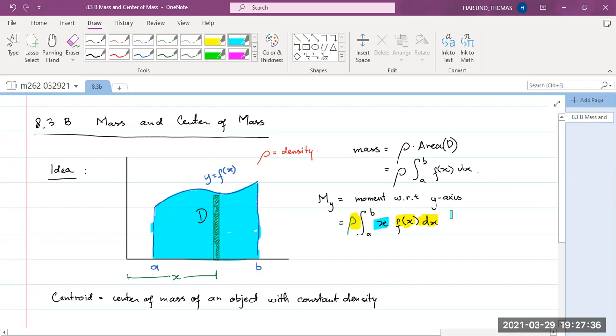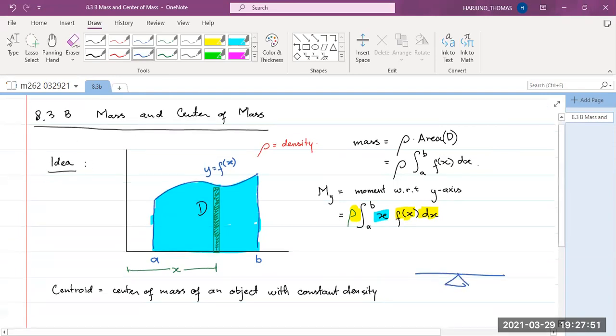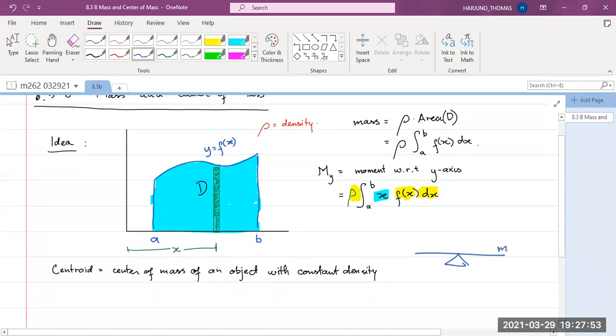Now, please watch the lecture video on how I explain that moment. Moment is basically this. If you played seesaw before, the mass here multiplied by the length of the arm.